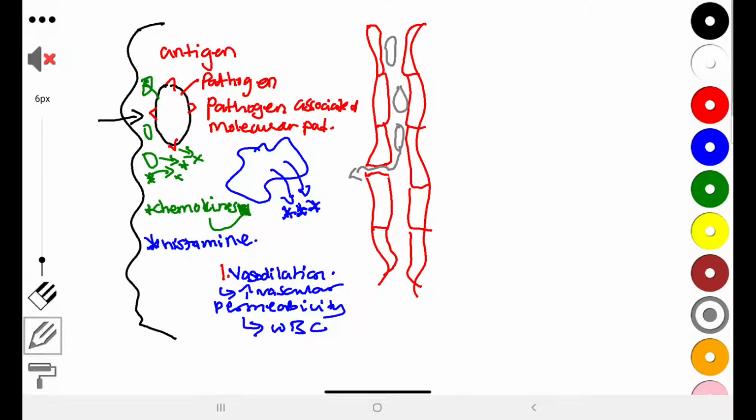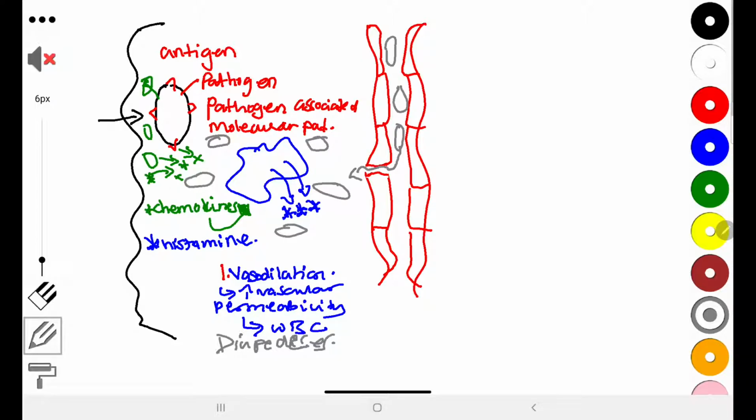So moving out through this area that has been made available is known as diapedesis. Once they move out, they do migrate to the area of inflammation.